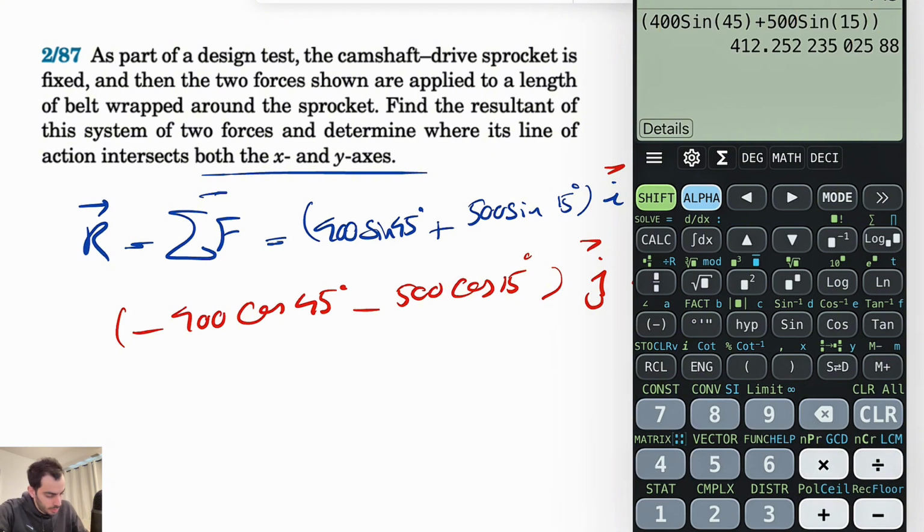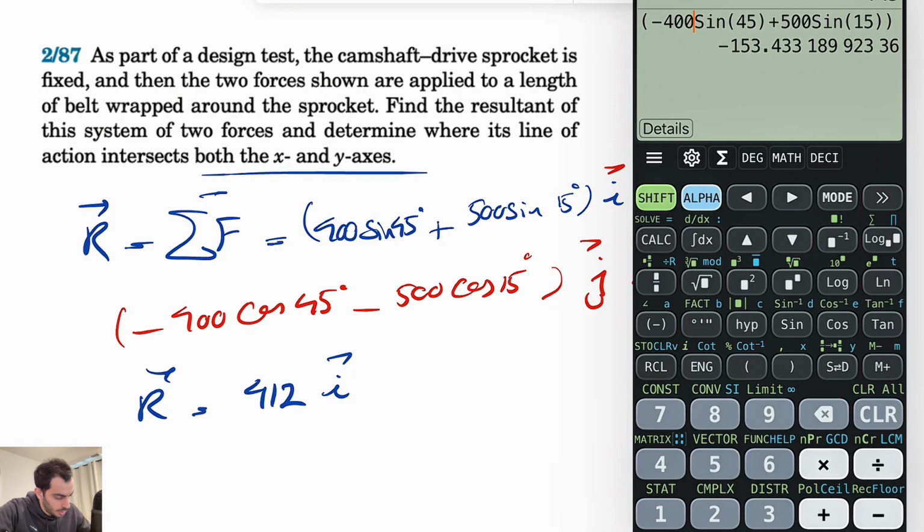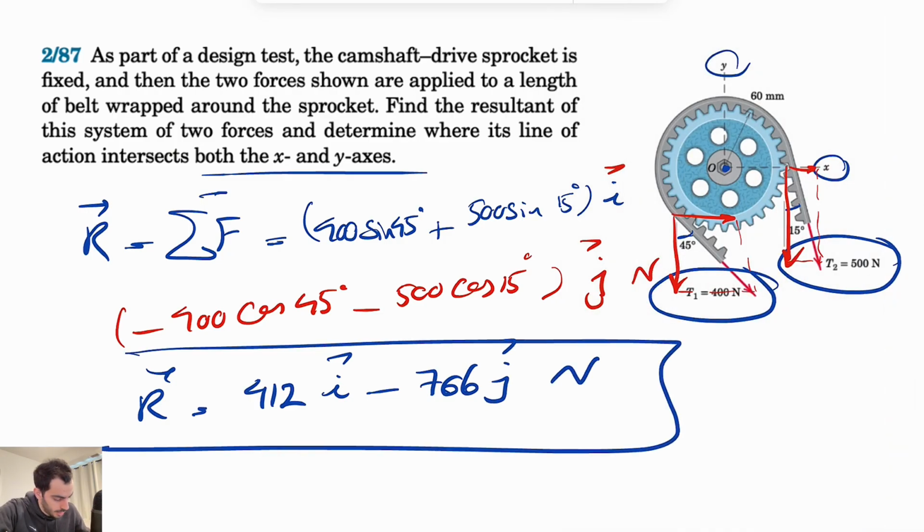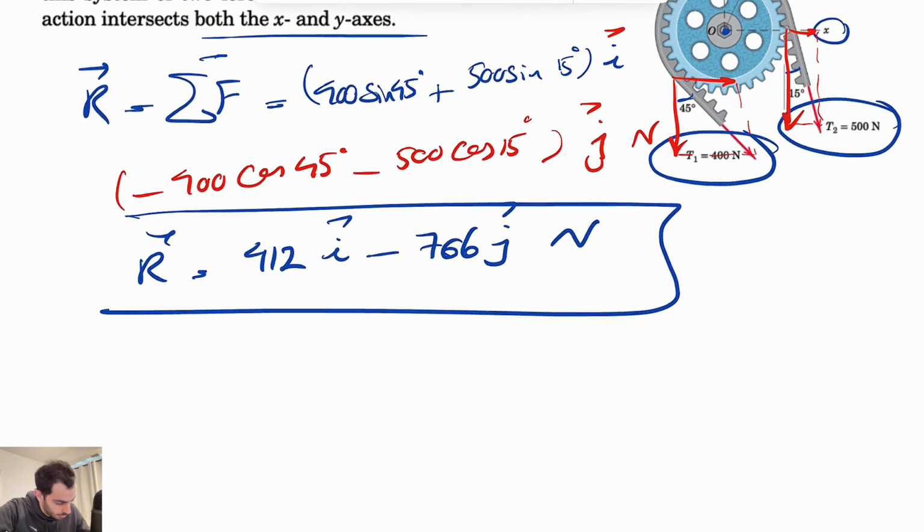So our R is going to be 412 i, and the j component is negative, cosine in here and cosine in here, so that's negative 766 j, and as I said, the unit will be newtons. That's our R, which has a positive x component and a negative y component, so R points in this direction.